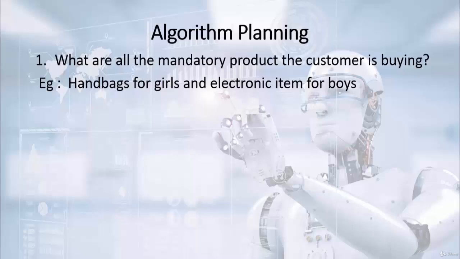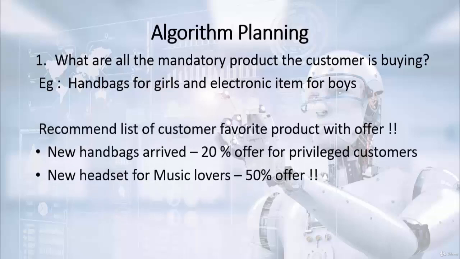The customer would have given the email ID and mobile number at the time of registration. So our program must send an email or SMS to that particular customer on the first day of every month, that is on salary day. And the email must contain their favorite products with offers. Like new handbags arrived, 20% offer for privileged customers with a few images of the latest handbags in the email.